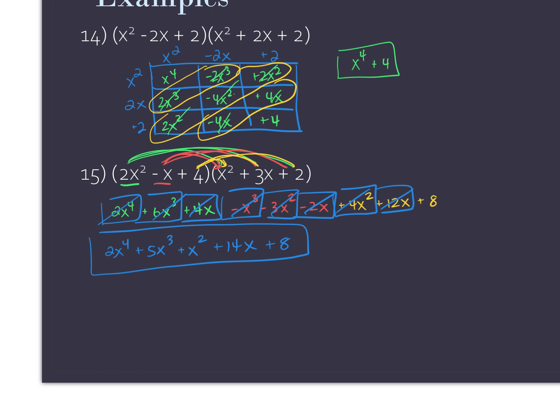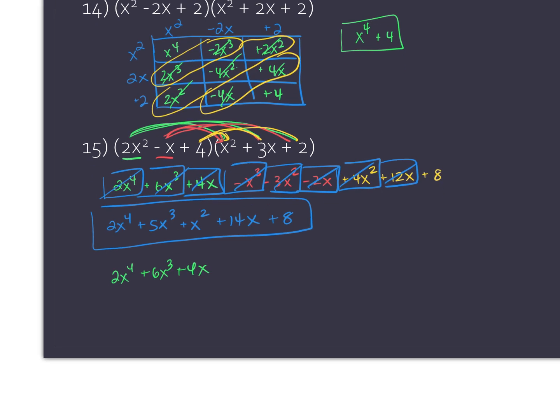The only thing that I would have done differently in this second set, let's say, is when I wrote each kind of layer, like I started out with 2x to the fourth plus 6x cubed plus 4x. When I got to that red layer and I had a minus x cubed, I would have written it here. When I had the minus 3x squared, I would have expanded this out a little bit here.